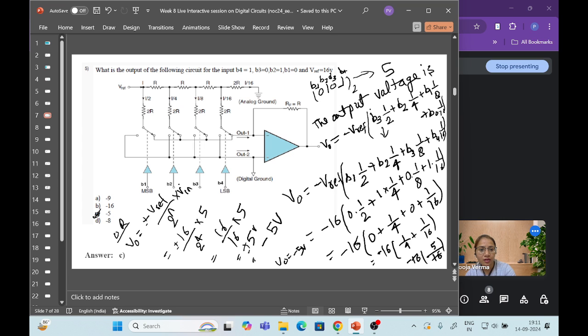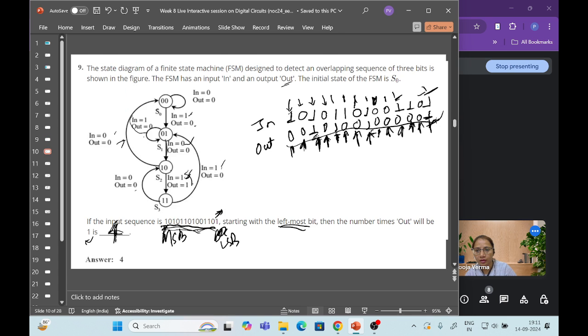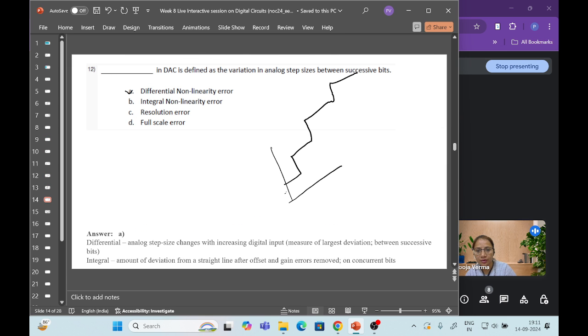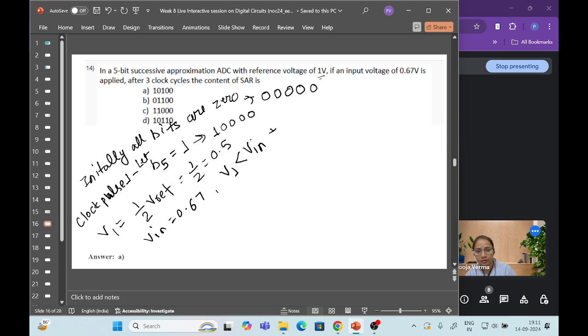So we have to take this one, B5 by 1, using this formula. I can write it here also. Here we are using that V out will be V reference, that is the MSB, then 1 by 2, that is V3.